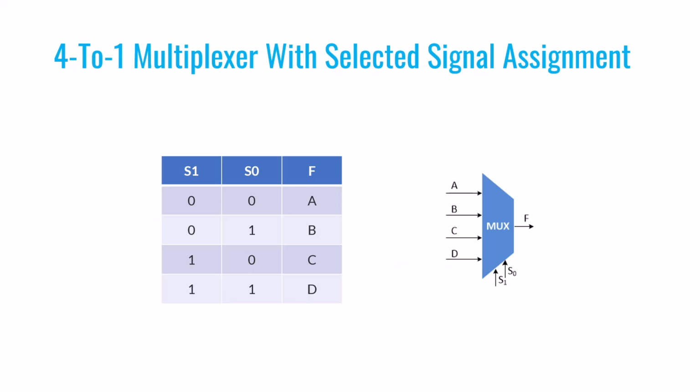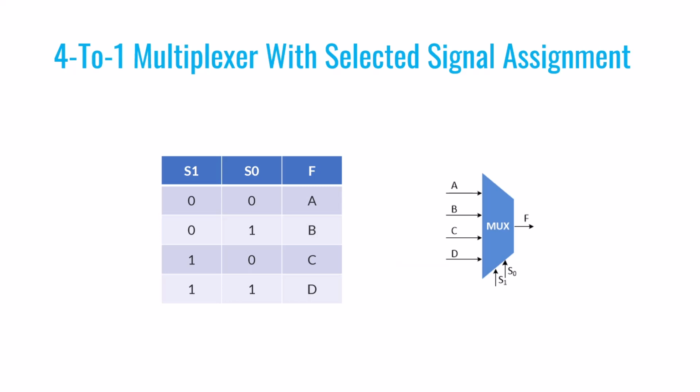For example, in the 4-to-1 multiplexer shown in this figure, we have 4 inputs labeled A, B, C, and D, and one output labeled F. Since we have 4 inputs, we need 2 control inputs or select lines, which we'll call S0 and S1. Depending on the binary value on these control inputs, one of the inputs connects to the output.